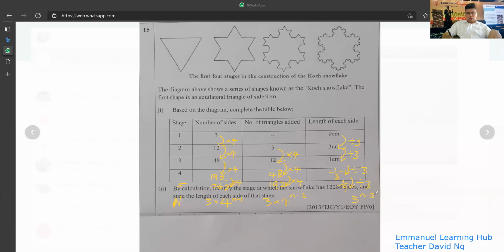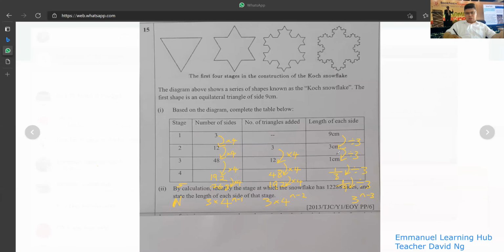So let's troubleshoot. See if 3 to the power n minus 3 holds water. Let's troubleshoot first. If n is 1, 1 minus 3 is minus 2. 3 to the power minus 2 is 1 over 9. Oh, you got 1 over 9. But I want a 9.